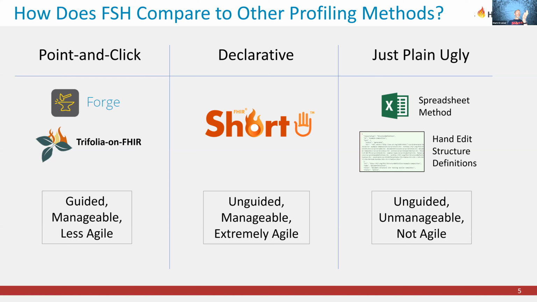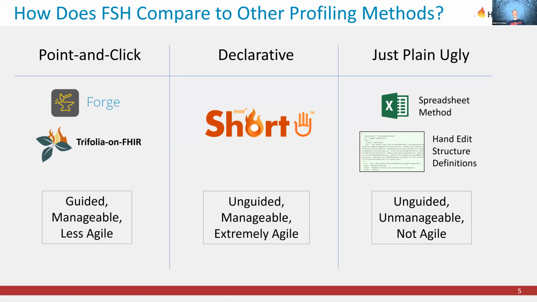So it's not quite as fast for large scale projects as FHIR Shorthand, which, as I mentioned, is a declarative way of specifying your IG. However, Shorthand is not guided, so you need to know something about what you're trying to achieve when you use FHIR Shorthand. It's extremely manageable and agile.